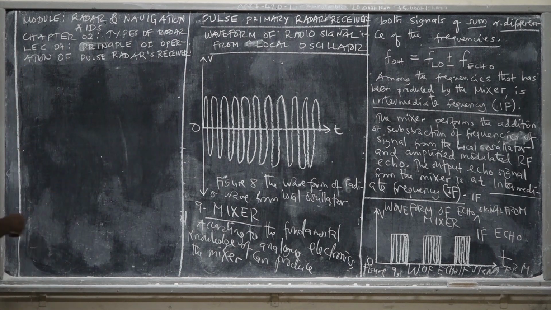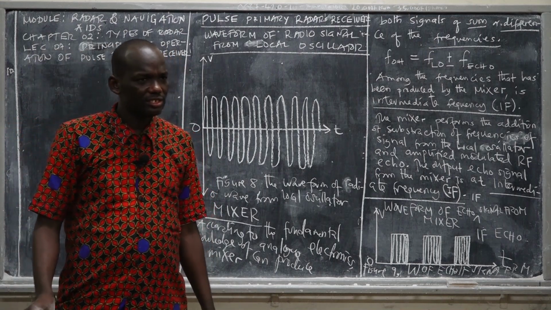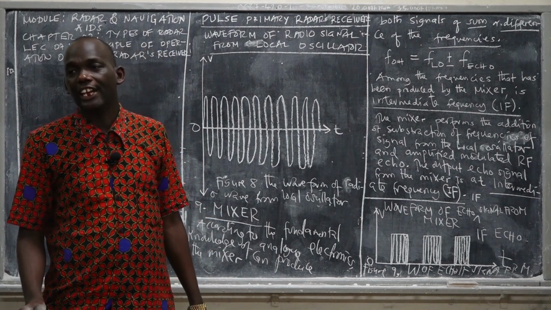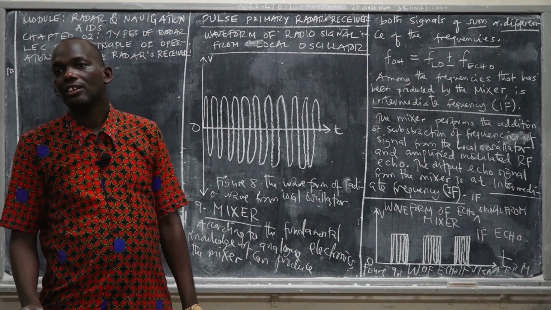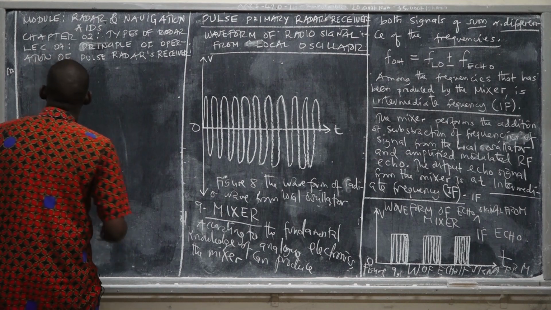Okay, then we are moving to the block number what? Number 10. What is its name? Intermediate frequency amplifier. Again? Intermediate frequency amplifier.